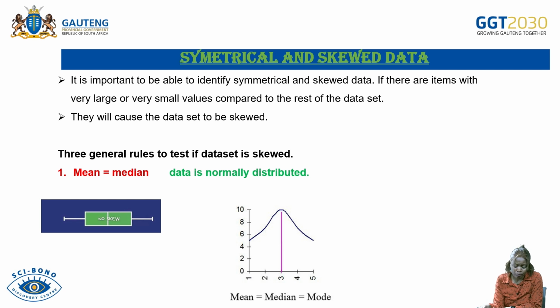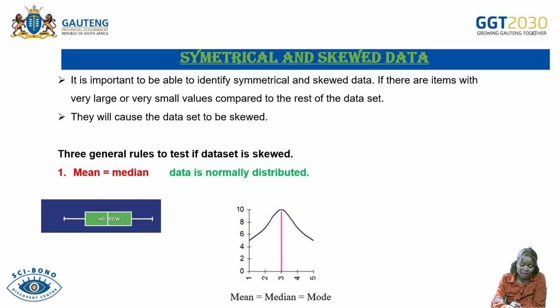So now you have sketched your box and whisker diagram. You want to see how your data is distributed, so it is important to be able to identify symmetrical and skewed data. If there are items with very large or very small values compared to the rest of the data set, they will cause the data set to be skewed.